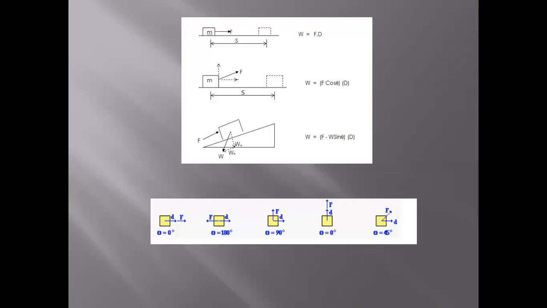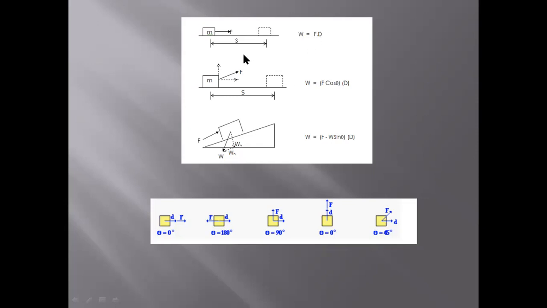Now, if you're going to consider these diagrams, for the first one, the upper diagram, we have a block of mass M with a force, push or pull, applied towards the block. So the block is moved from this point to here with a distance or displacement of S. To calculate now, the work is equal to F multiplied by D, or displacement.